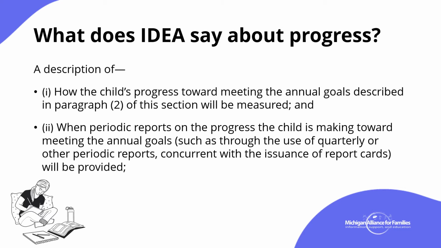So in IDEA, it does say that you have to have a description of how the child's progress toward meeting the annual goals will be measured, and when periodic reports on the progress the child is making toward meeting the annual goals will be provided. Oftentimes we see those periodic reports on the marking period. That is absolutely an option, and that's an example given here in IDEA. But that is an IEP team decision of the frequency of that monitoring and how often those periodic reports need to be issued.